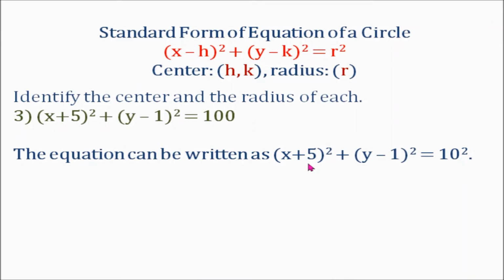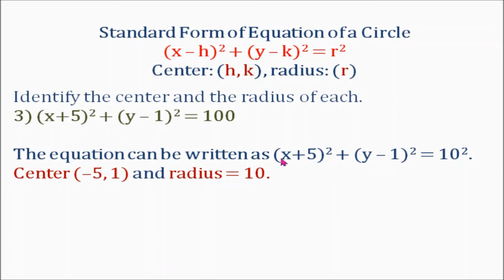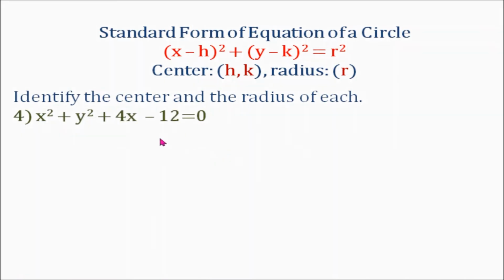Our center here has coordinates -5 and 1. Take note, it's x plus 5, h is -5, and it's y minus 1. Our k is 1, and our radius is 10. So we will just find the square root of this number. Square root of 100 is 10.